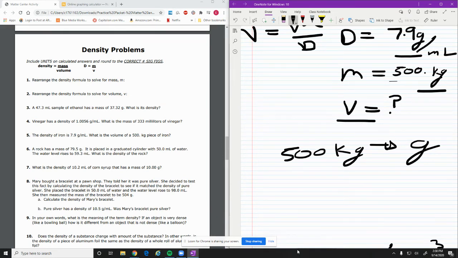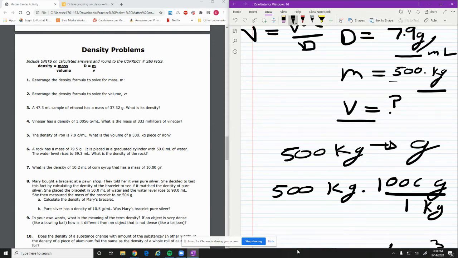How I'll do this is I'll say 500 kilogram, and again, I'll use dimensional analysis. I want to cancel out that kilogram and I want gram to be my end result. And I know that 1 kilogram is 1,000 grams.